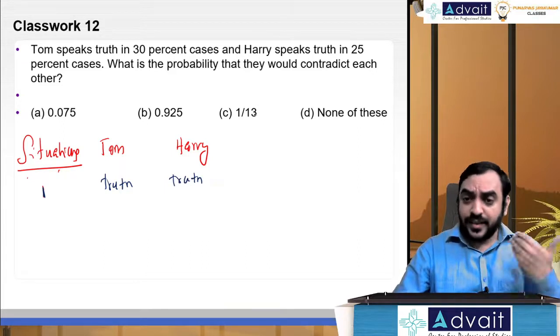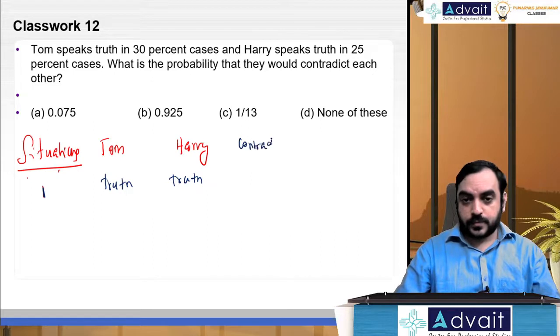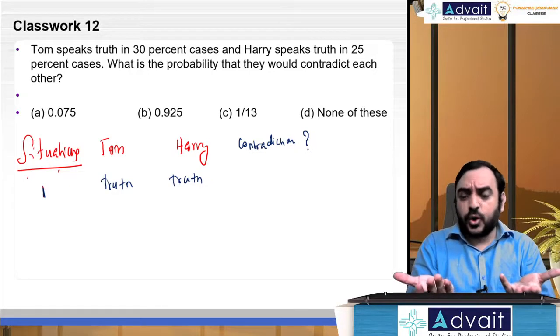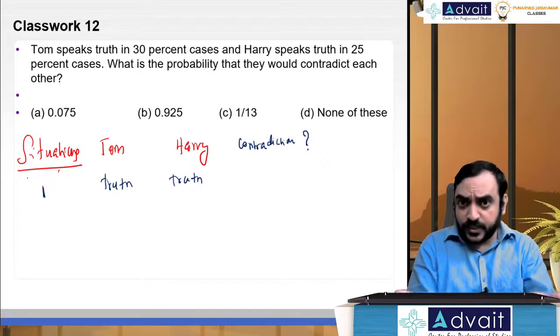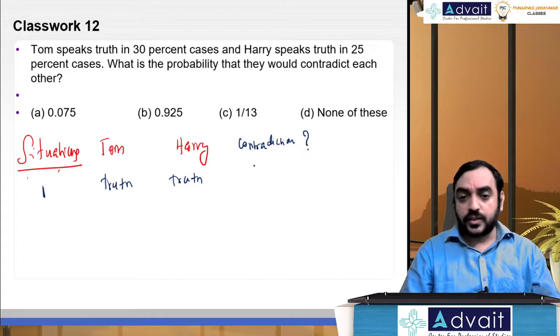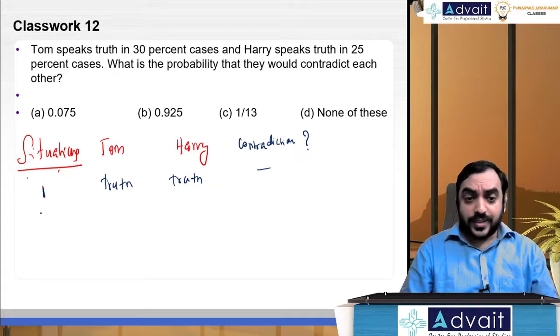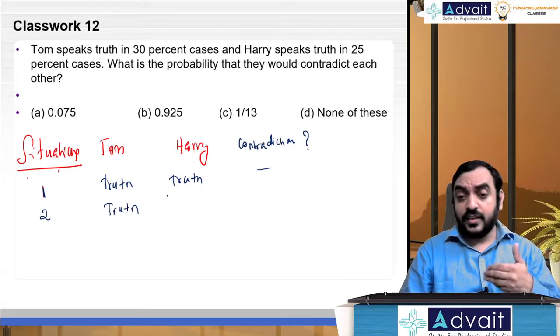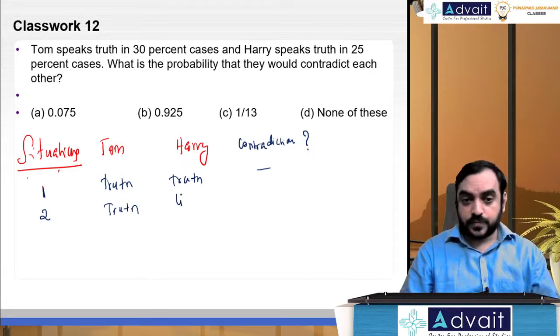Now please tell me, is there a contradiction? No, right? Both of them telling the truth. When both of them are telling the truth, there is no contradiction. Now, in the second case, Tom speaks the truth, but Harry lies.